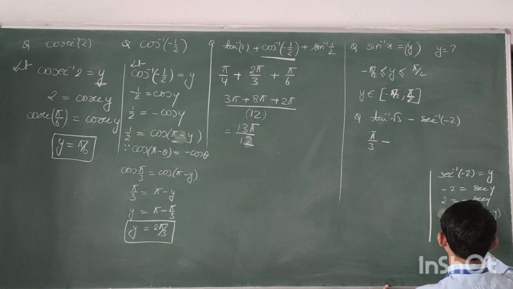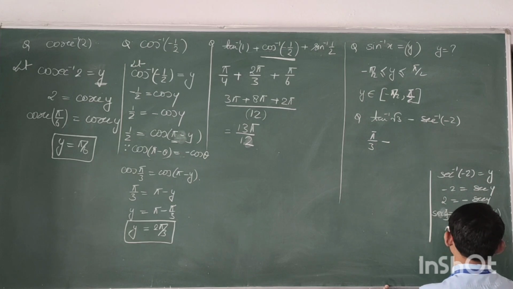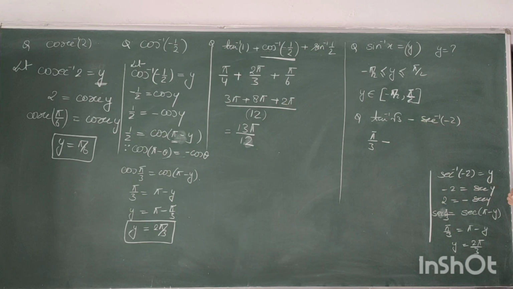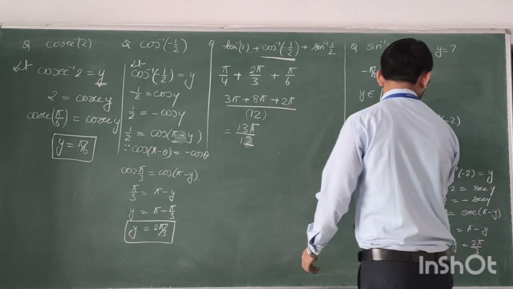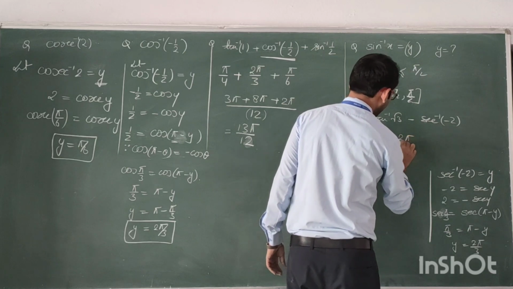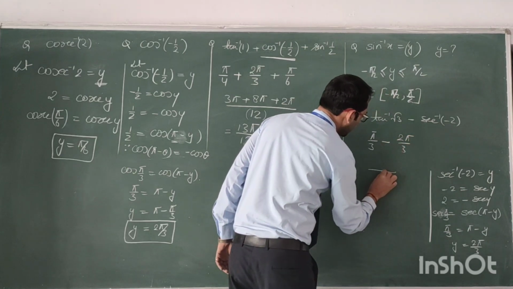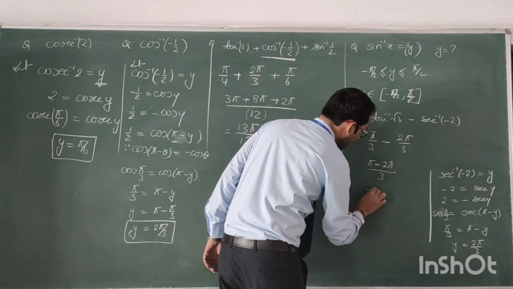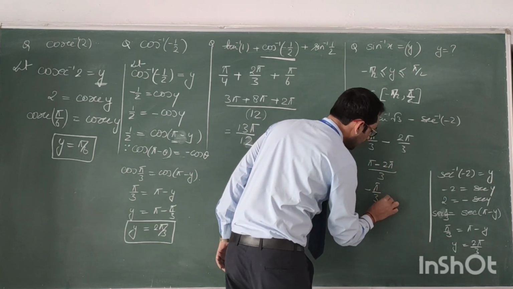And 2 is the value in sec of pi by 3. So pi by 3 is equal to pi minus y. y will be equal to 2 pi by 3. The value of y will be 2 pi by 3. So I am going to put it over here, minus 2 pi by 3. So we are taking LCM, pi minus 2 pi. So it will be minus pi by 3.